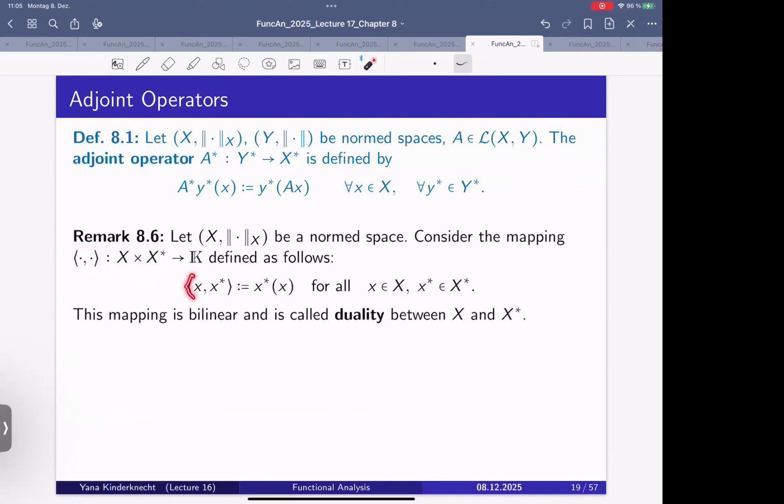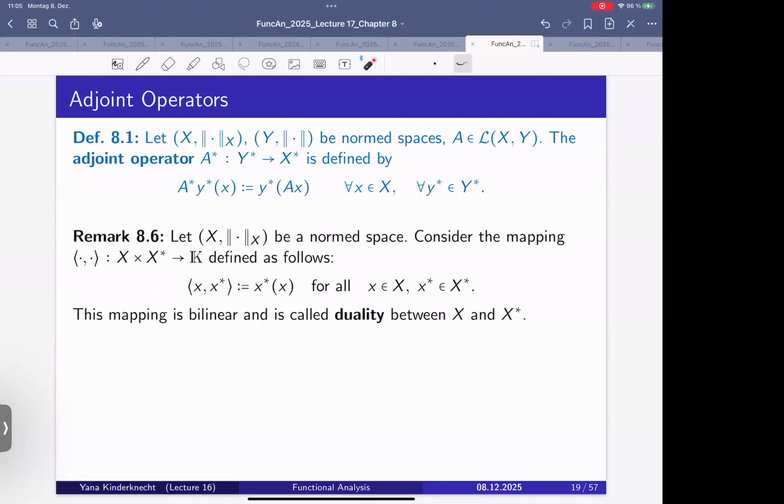The bracket of x and x star is defined as x star evaluated at the point x, for all x in X and x star in the topological dual. This mapping is called the duality between X and X star. And on the level which we are interested in, so far this may be considered just as a change of notation.